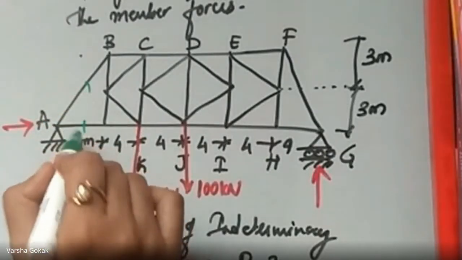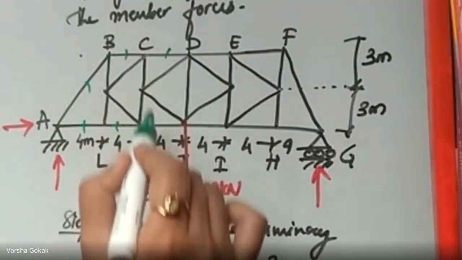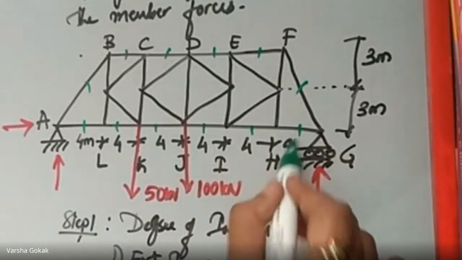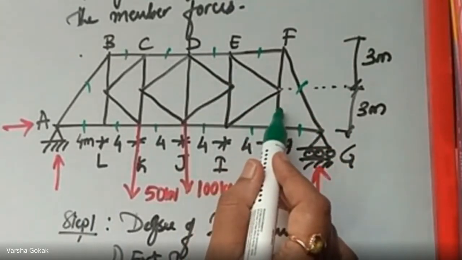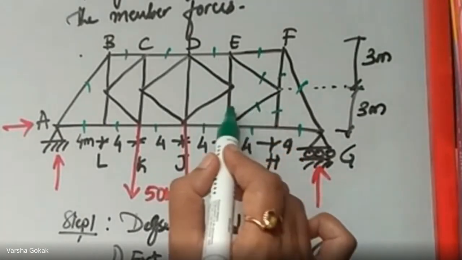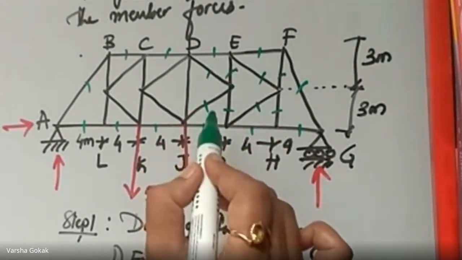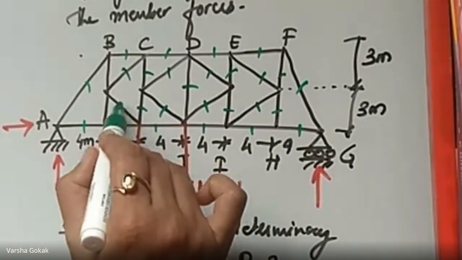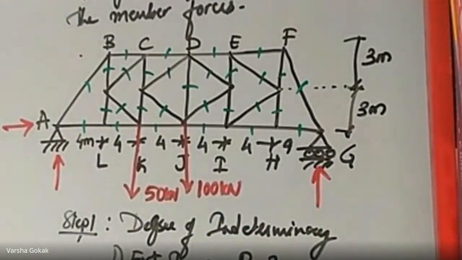Okay, let me count. 1, 2, 3, 4, 5, 6, 7, 8, 9, 10, 11, 12. Right? 13, 14, 15, 16, 17, 18, 19, 20, 21, 22, 23, 24, 25, 26, 27, 28, 29.